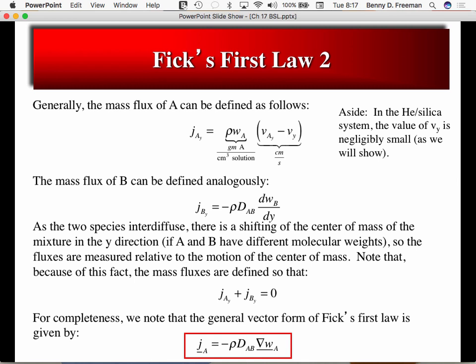And so in order to maintain mass balance, we have to require that these fluxes sum to zero. Otherwise, the definition of total flux on the next slide or so is not going to be correct. And so, generally, in differential form, we'll write the flux as shown at the bottom of this slide. And this is in vector form.